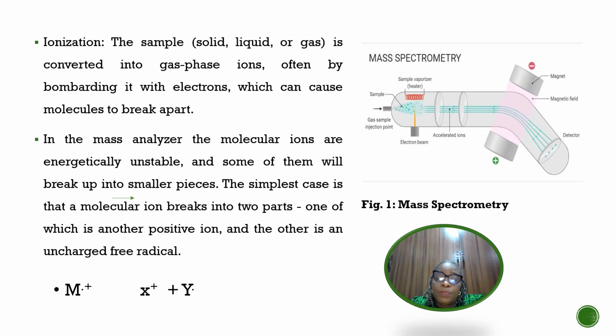The ion X plus will travel through the mass spectrometer just like any other positive ion, and will produce a line on the stick diagram. All sorts of fragmentations of the original molecular ion are possible, and that means that we get a whole host of lines in the mass spectrum.